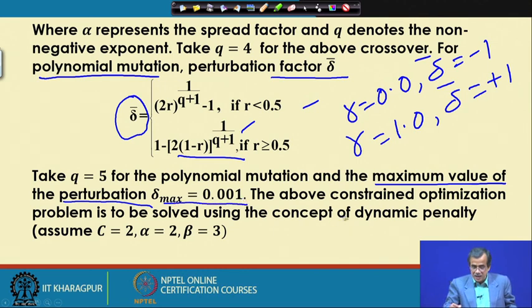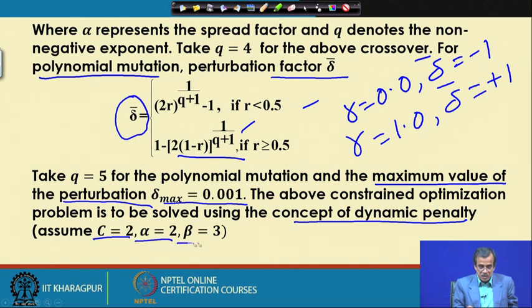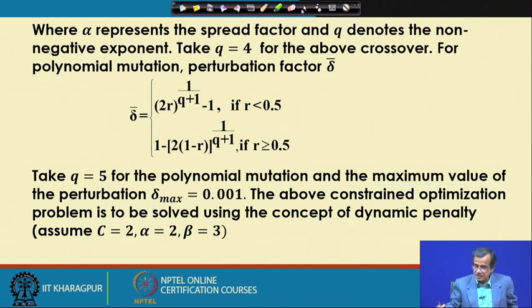To handle the constraint optimization problem, we are going to use the concept of dynamic penalty, for which the constant C is assumed to be equal to 2, alpha is assumed to be equal to 2 and beta has been taken to be equal to 3. So, let us see how to tackle this constraint minimization problem using the concept of this real coded GA. Now, let us try to concentrate.